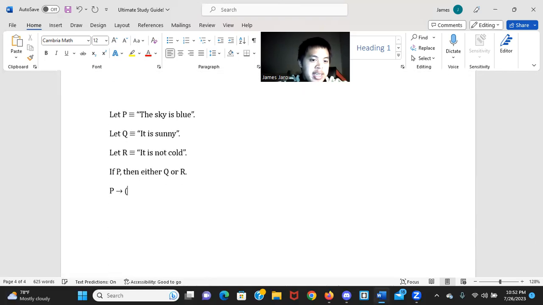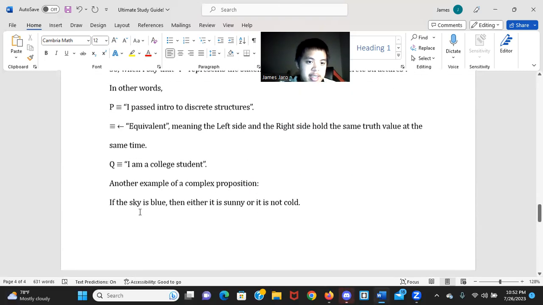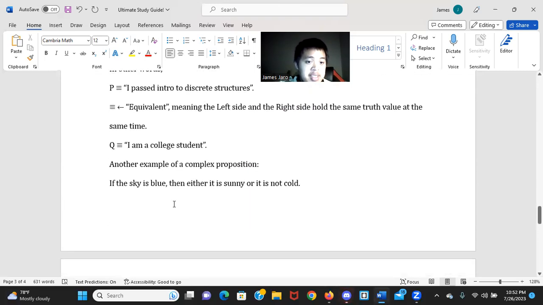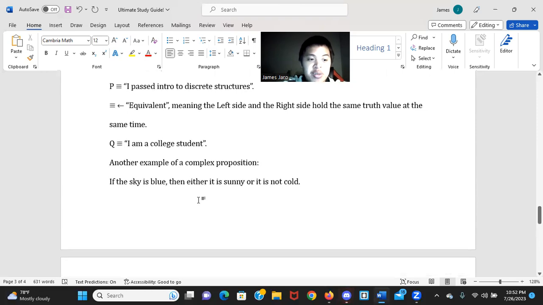So we could really just say in parentheses Q or R. And this gets the point across just as effectively without any English statements. We can say that P wedge Q V R is the same thing as saying that if the sky is blue, then either it is sunny or it is not cold.